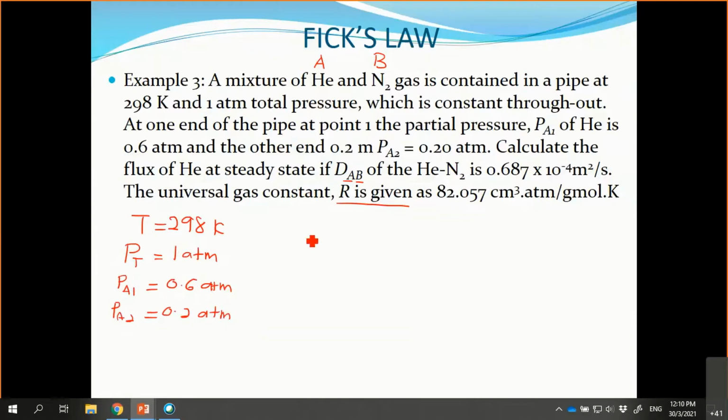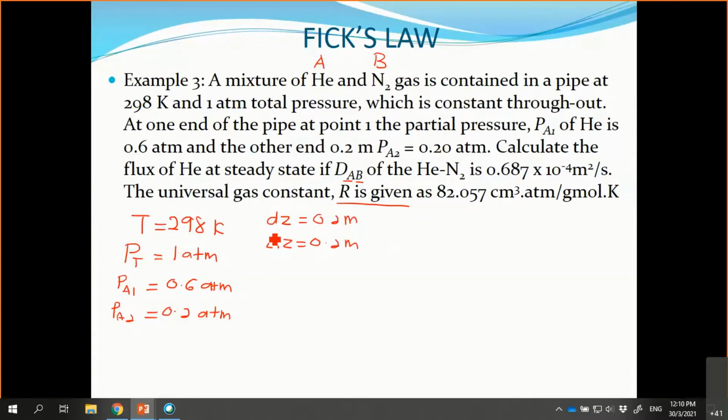And I know that the distance of diffusion of helium into nitrogen is 0.2 meter, so I can either say that dz is equal to 0.2 meter, or you can write delta z is equal to 0.2.